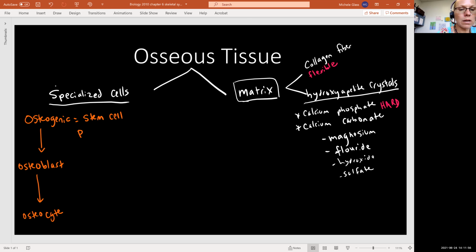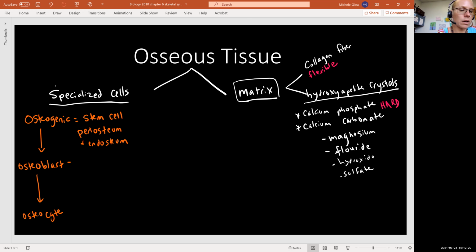It's going to be located in the periosteum and the endosteum. Periosteum, remember, is that outer layer, and endosteum is that innermost layer. Now, the osteogenic cell divides and gives rise to the osteoblast.